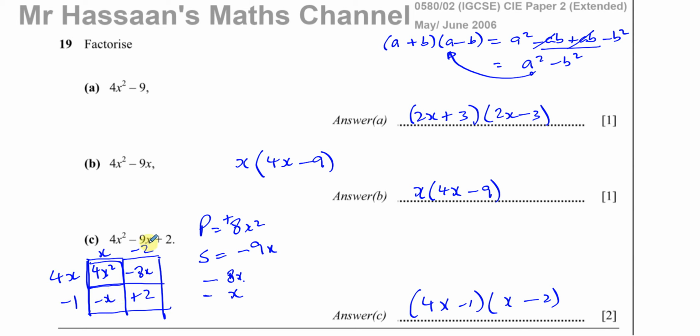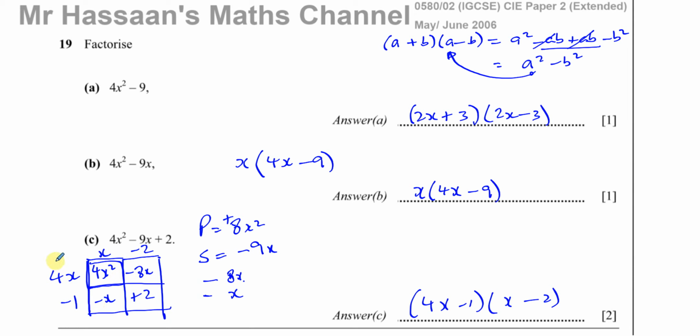And the sum of these two is always the same as the middle term, so they add up to negative 9x, so you end up with minus 8x and minus x. And then you use the other fact that at the head of each column and the left of each row is the highest common factor of the terms inside the row. So you find one of them, and then you can just use simple multiplication to find the rest of them. 4x times something gives you 4x squared, and so on.